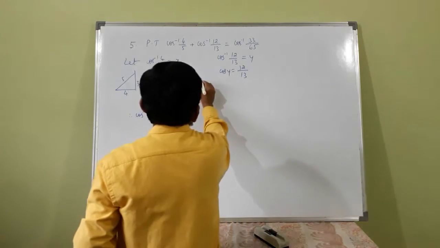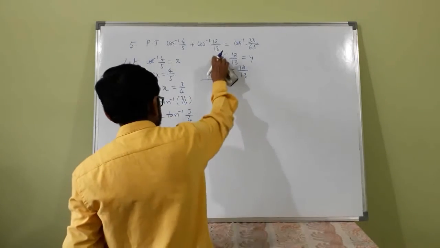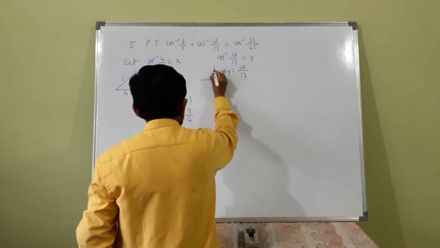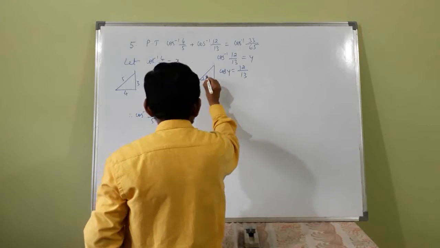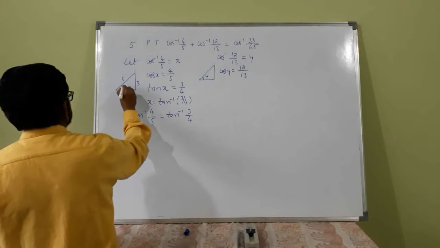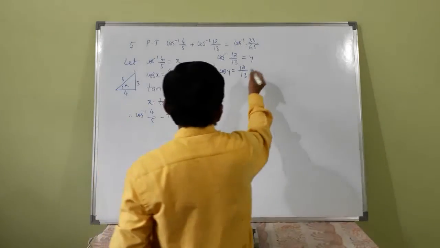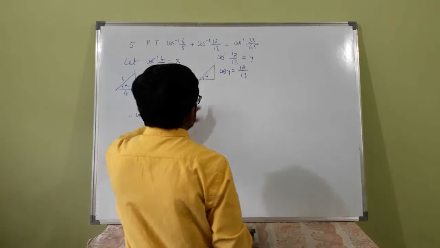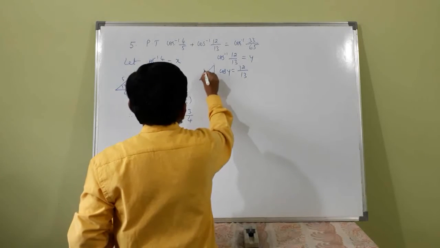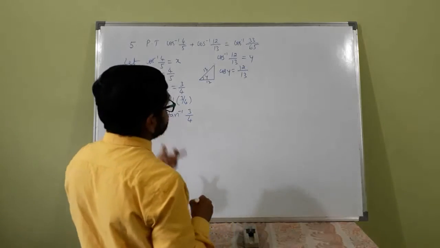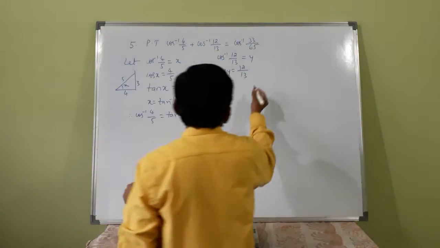If the hypotenuse is 13 and the adjacent side is 12, 13 square is 169 minus 144 is 25, root 25 is 5.